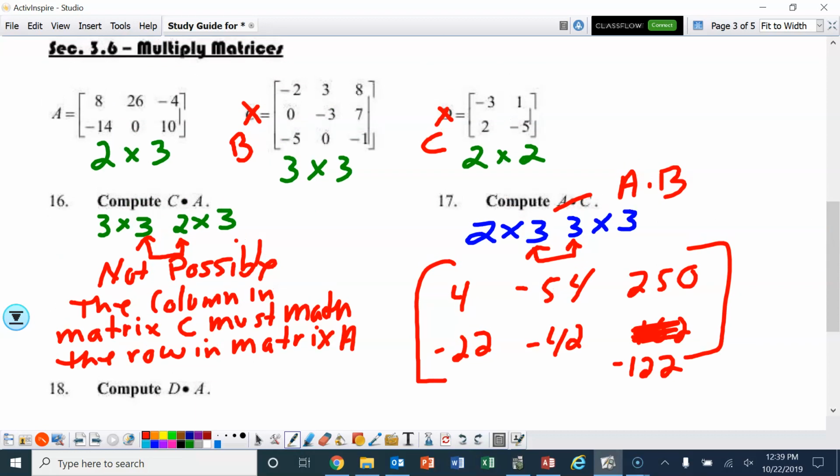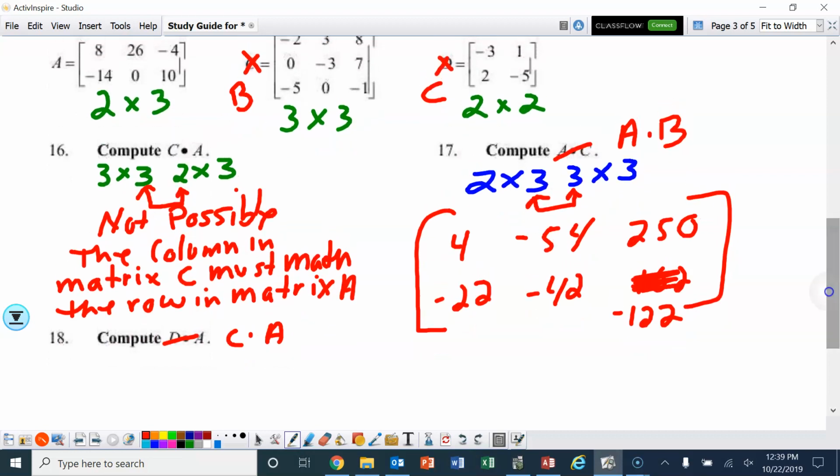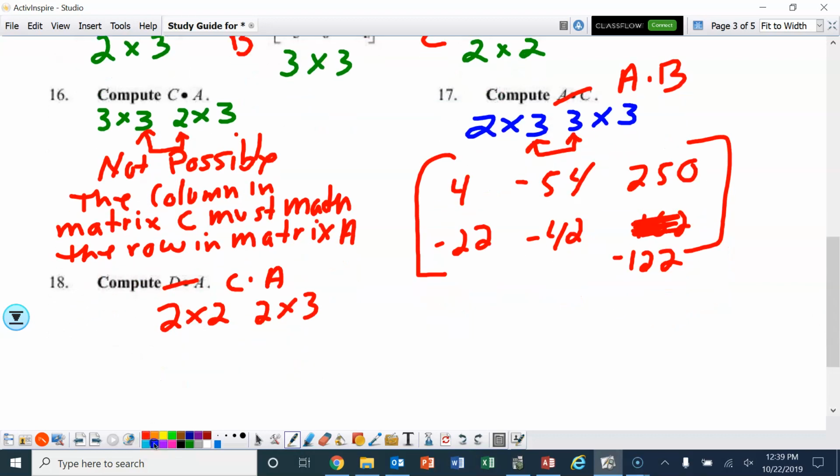So compute D times A. Well, again, I switched it on the calculator. I'm doing the C times A. All right, so looking, we've got a 2 by 2 and a 2 by 3. So yes, we can multiply those together because the columns and the rows match there.